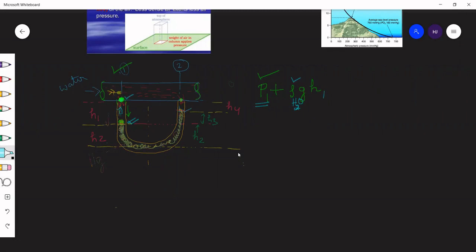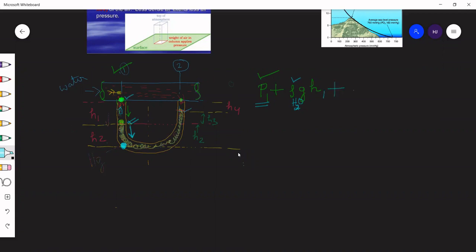Next, again from here to here I will go, again downwards. H2 distance I'm covering. When I have covered H2 distance, I'll stop here and see what my pressure is. Has it increased or decreased? It has increased, plus sign.